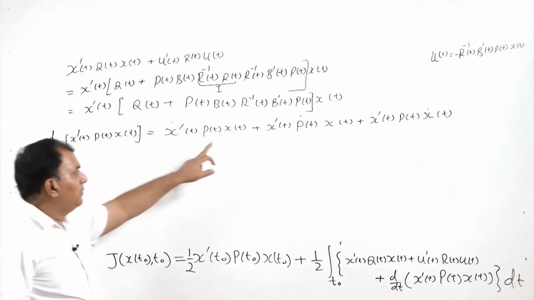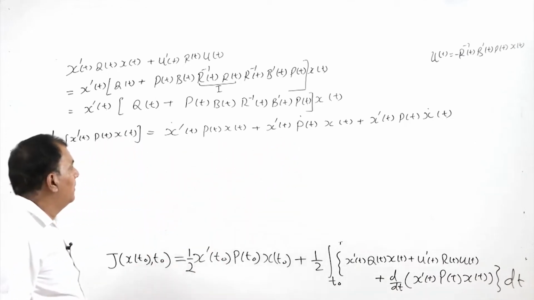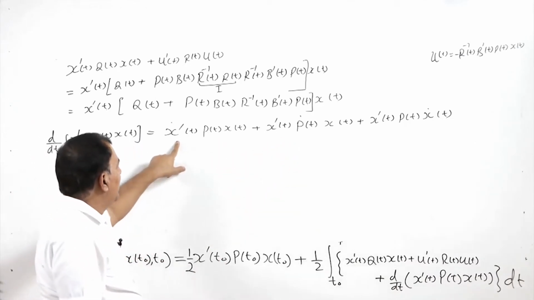So d by dt of this can be written in this form.